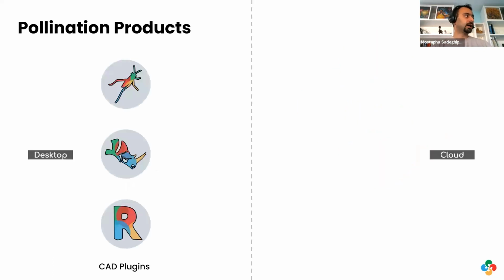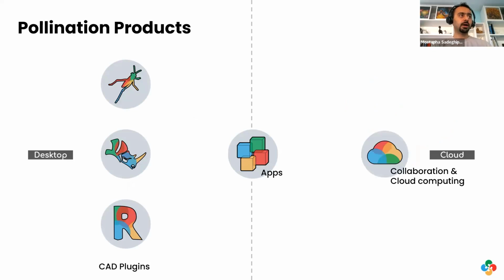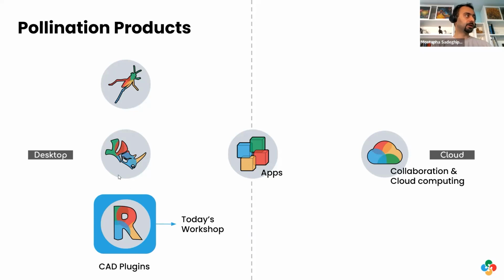The products that we have are the CAD plugins, desktop solutions. We have apps, which stay in the middle of the two. And we have cloud computing and a collaboration platform that you can use to work together. I will show a little bit of the Rhino plugin, maybe just to see the geometry, and I know a lot of people are interested in continuing to work on the model in Rhino.